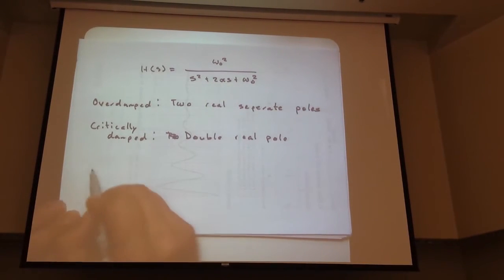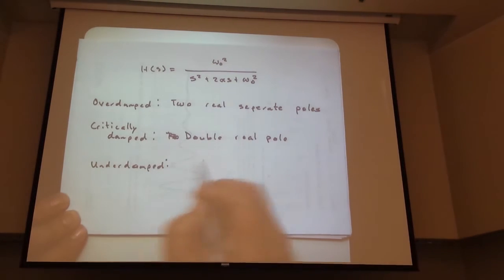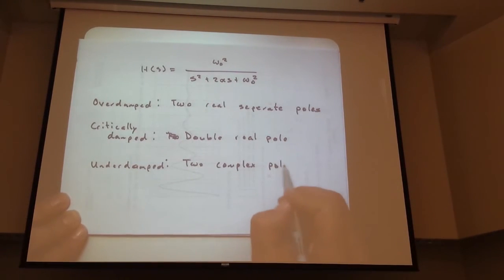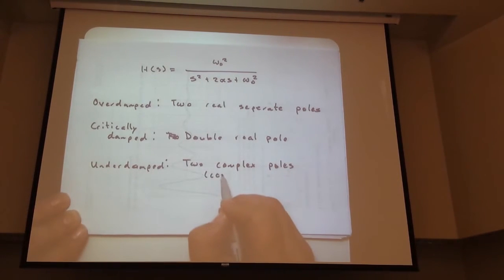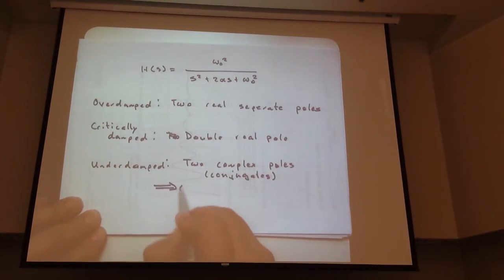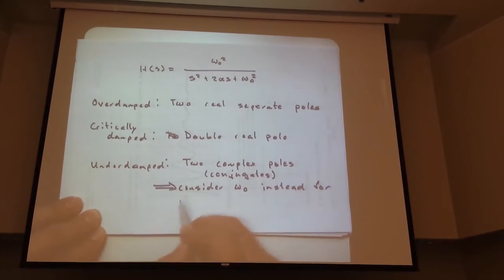Underdamped, still 2 poles. Nothing's changed. 2 complex conjugate poles. But instead of looking at the poles, we now consider omega naught squared, or omega naught instead, for our Bode plots.